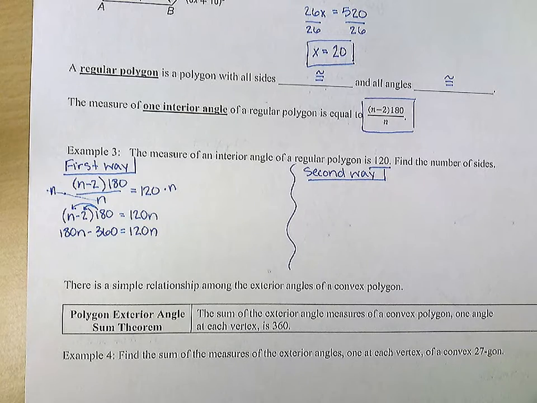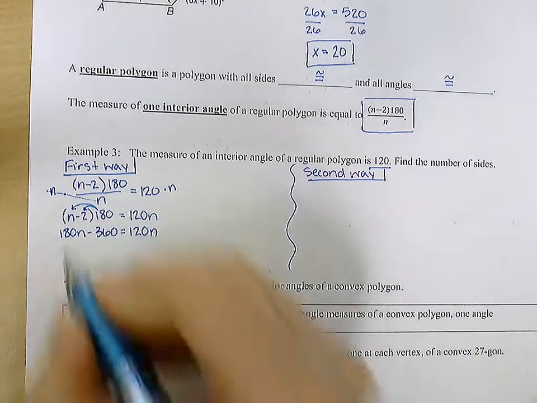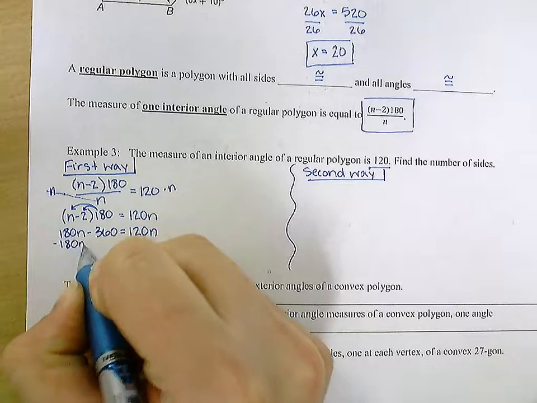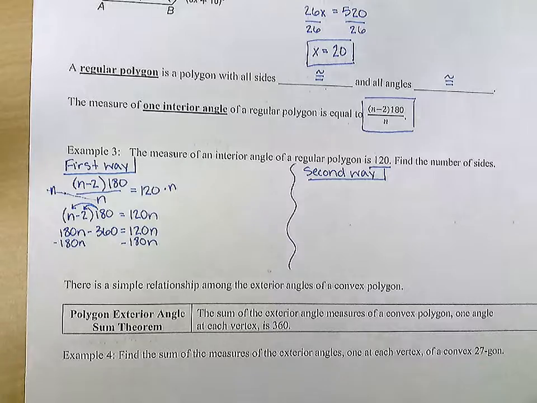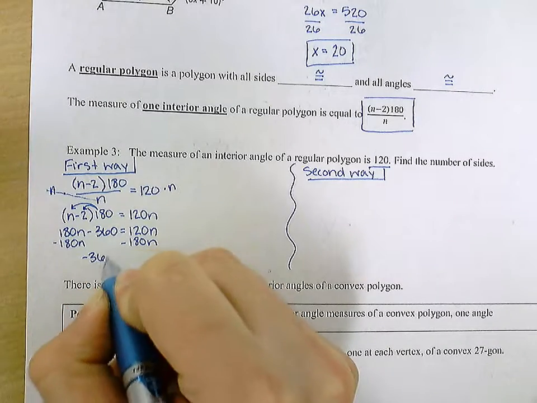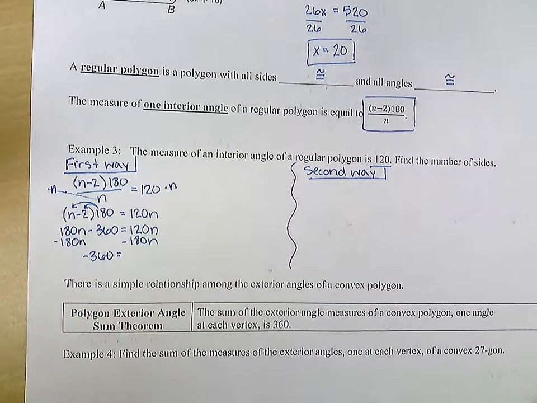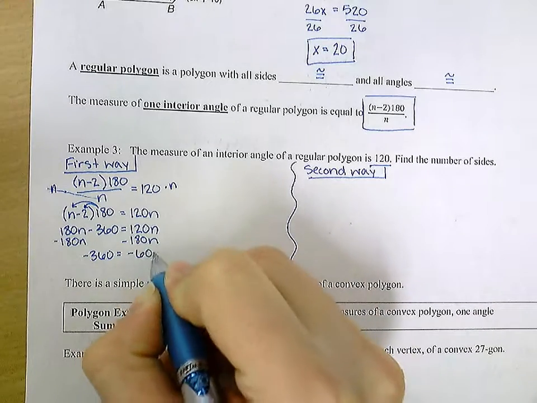Now this way I can combine my like terms. So I'm going to subtract 180n. So I have negative 360 is equal to negative 60n.